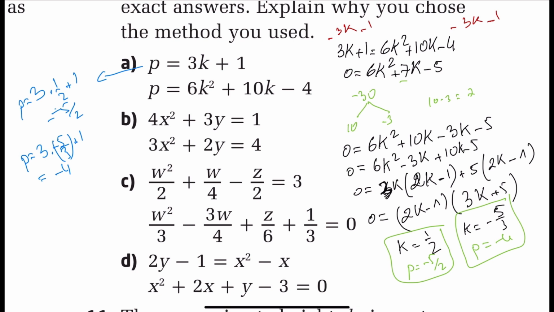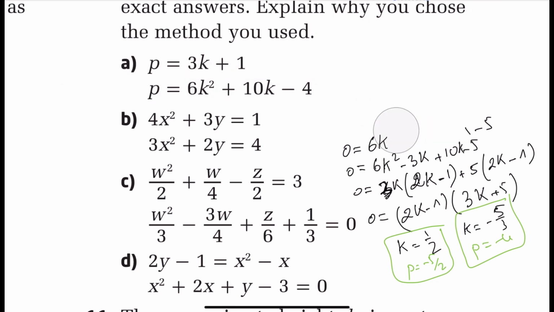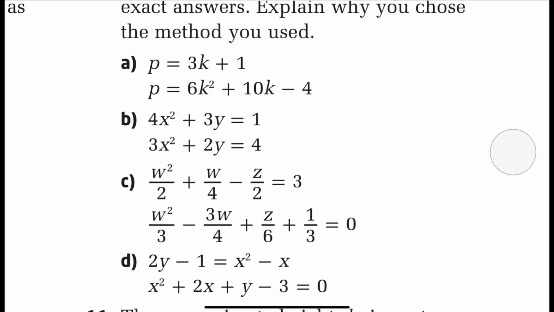Okay, good. So for B, you can do the same thing. Let us do B because it is interesting. So remove all this and we will do number 10B. For B, we have 4x squared plus 3y is equal to 1, and 3x squared plus 2y is equal to 4.